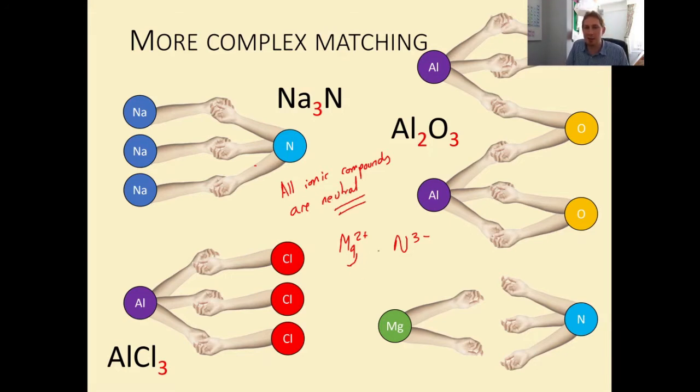So we need to somehow combine these ions to get a neutral compound, and the obvious way to do that is to have 3 of these, total charge 6+, 2 of those, total charge 6-. It's a neutral compound. You're doing exactly the same thing as you're doing with the valency.